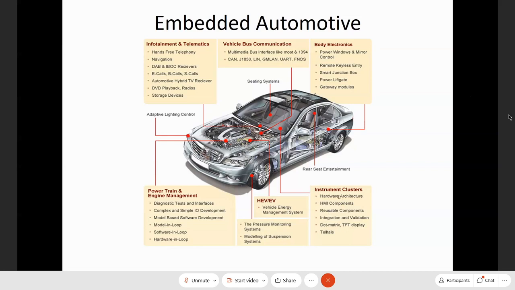Which one are we quite familiar with? For example, a very simple one, DVD playback and radios. In fact, that alone is an embedded system, because it only executes one specific application.